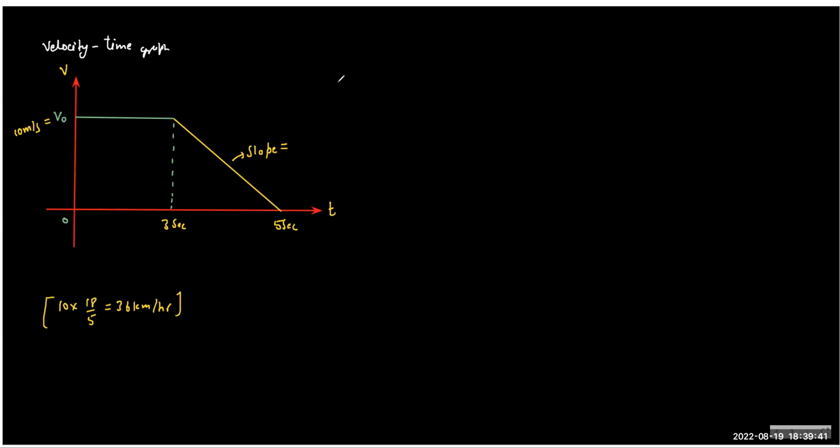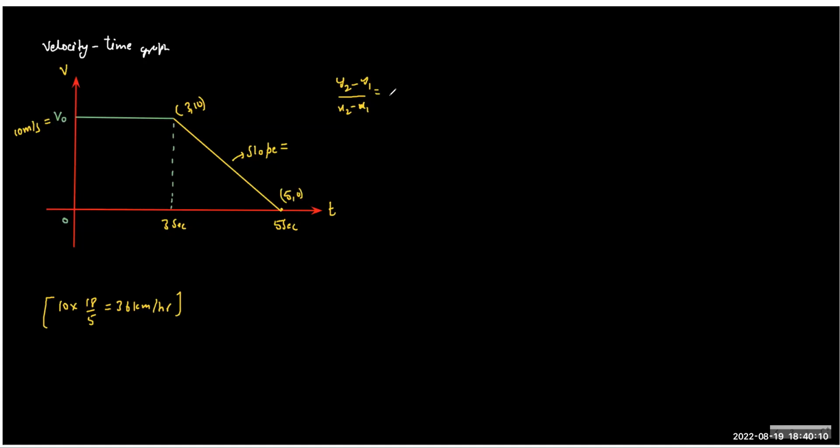Slope is always y2 minus y1 upon x2 minus x1, right? And if you apply this formula, what will you get? It's negative, of course. So what is the coordinate of this point? 3,10. And what is the coordinate of this point? 5,0.